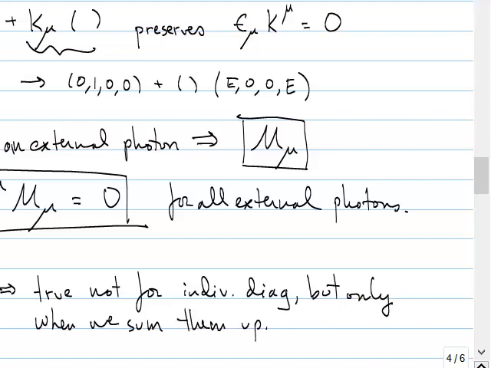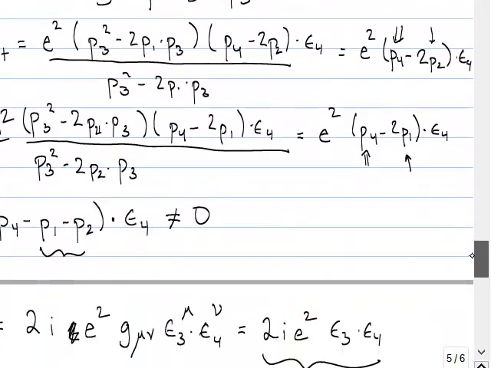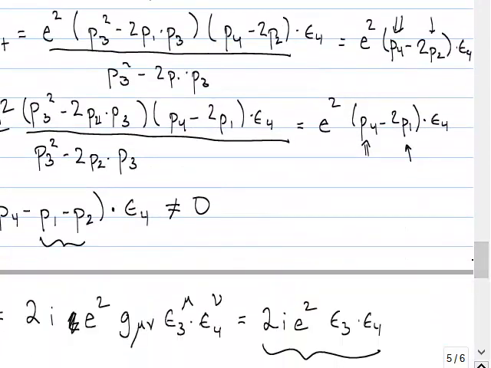Okay. So I'm not saying that I want to set epsilon equal to P3. I want to just replace in all of my formulas epsilon 3 by P3, and then I should get 0. Okay. Is that satisfactory? Good.